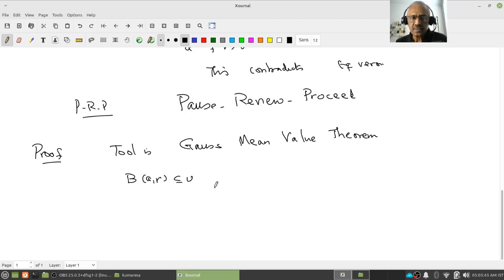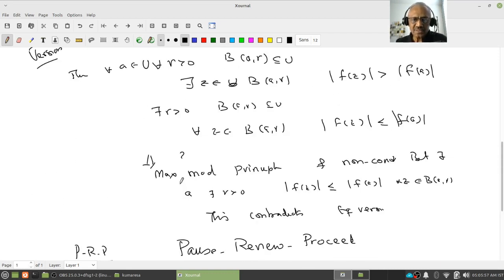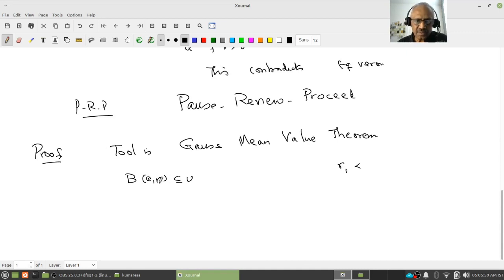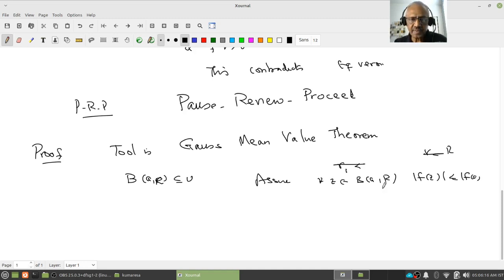Therefore, let us assume, as usual I am making choices, choose an R so that B_R is contained in this, and assume for all z in B(a, R), mod f(z) is less than or equal to mod f(a). I am just replacing r by capital R, because I want to choose small r.